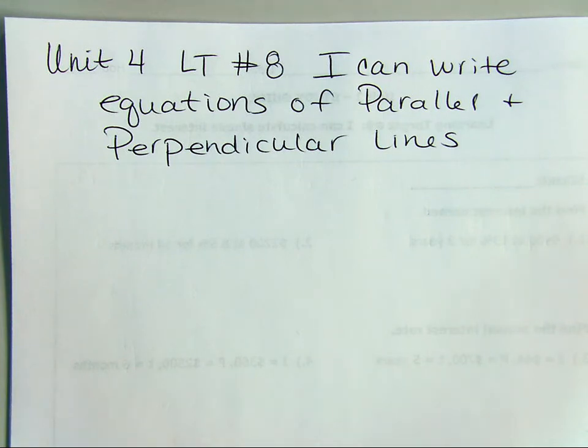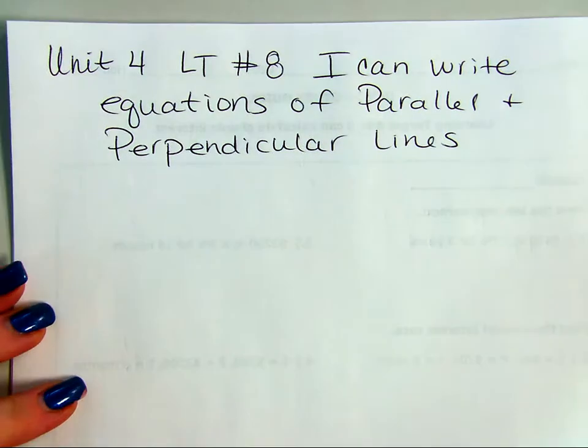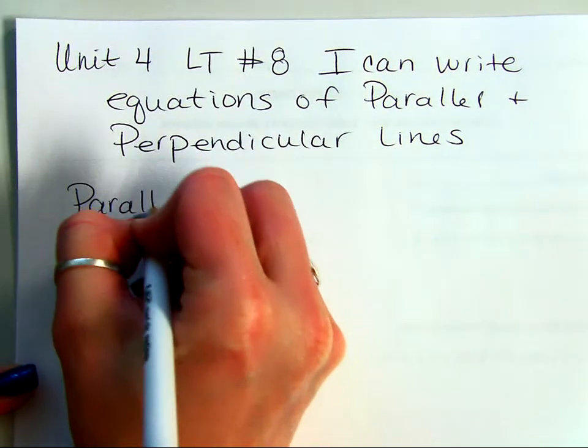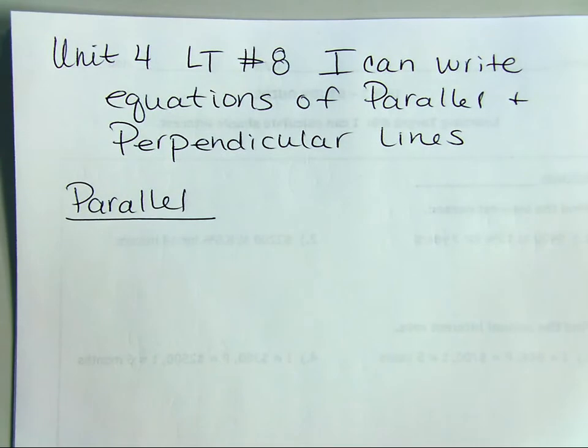Okay, so let's start with, first of all, defining what parallel and perpendicular lines are. I think we kind of know what parallel means, okay? Parallel lines are two lines that will never, ever what? We want to be careful when we say the word touch.